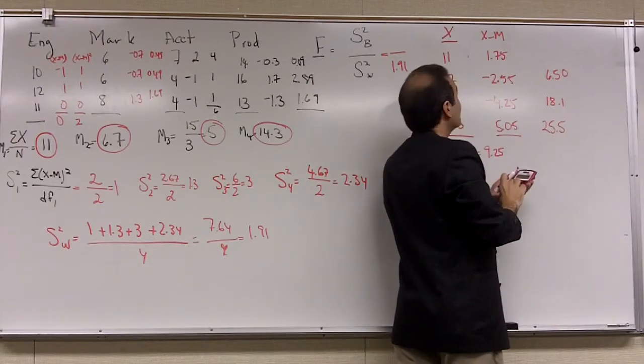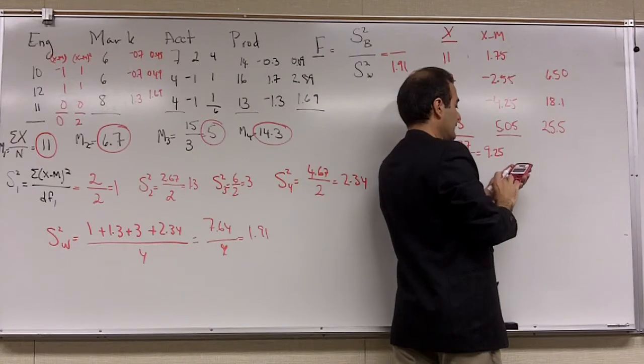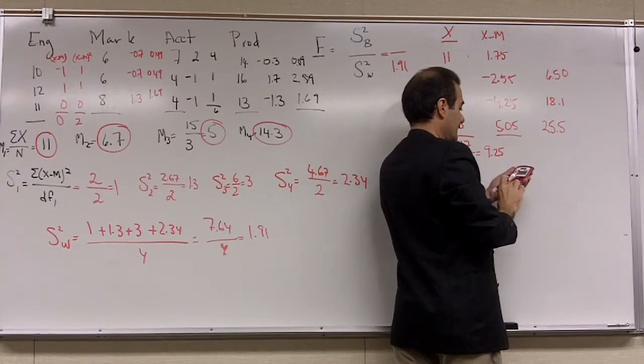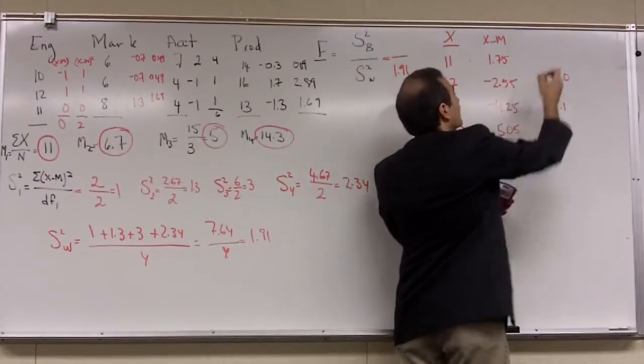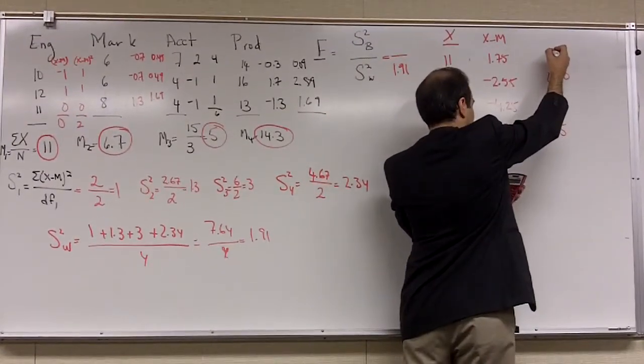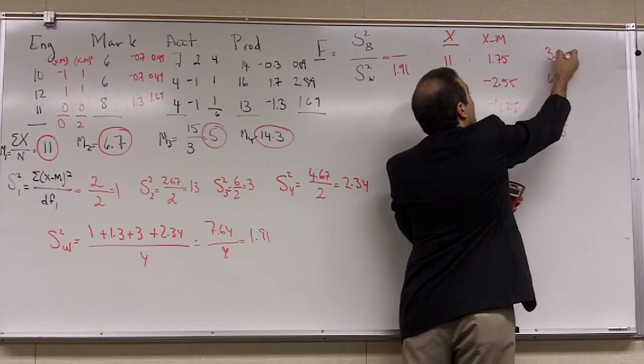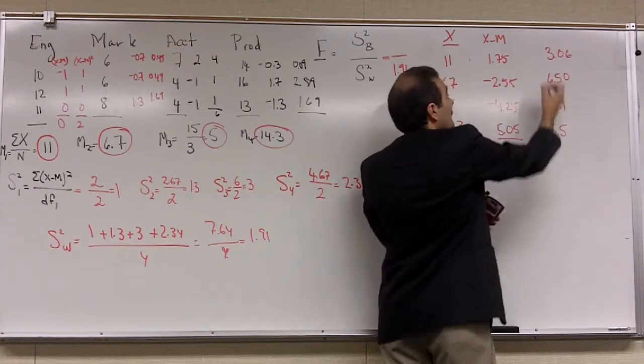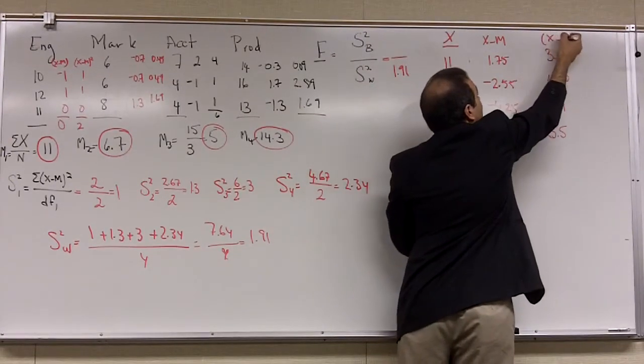I know I switched the decimals, but it doesn't really make a huge difference. And this is 3.06. Okay, so now this is x minus m squared.